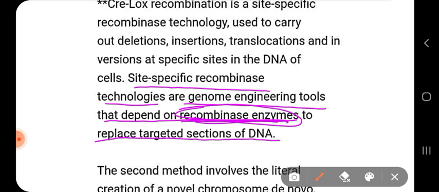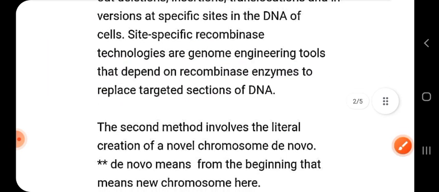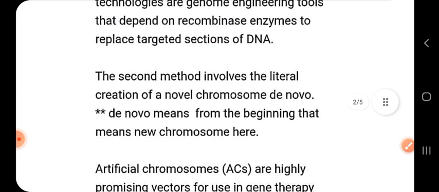If you're not able to write down Cre-Lox recombination, you can write site-specific recombination, SSR. Through site-specific recombination, we introduce our gene within that chromosome, and then we target that chromosome into the specific cell of the host. So this is the first method that we generally use for preparing human artificial chromosomes.